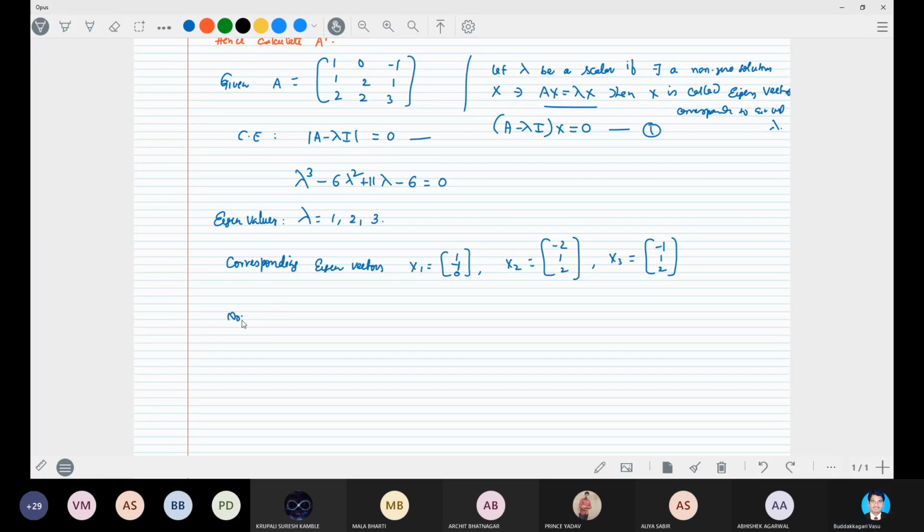Now, the model matrix P is constituted by the eigenvectors.